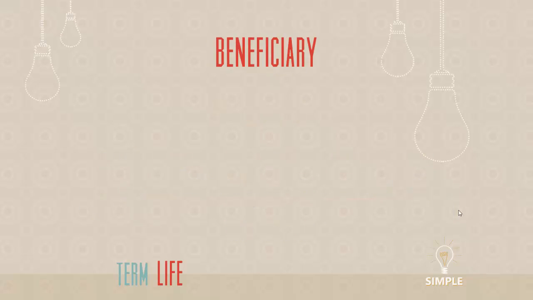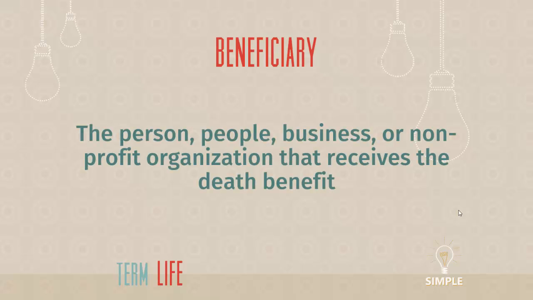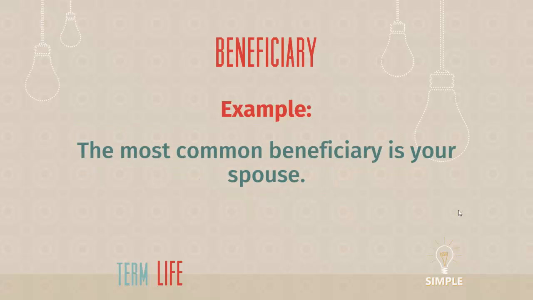The third element here is your beneficiary. I've mentioned it before in the video, and this is simply the person, people, business, or nonprofit organization that receives the death benefit. So this is who you choose to get the money if you were to pass away. The most common example is a spouse.